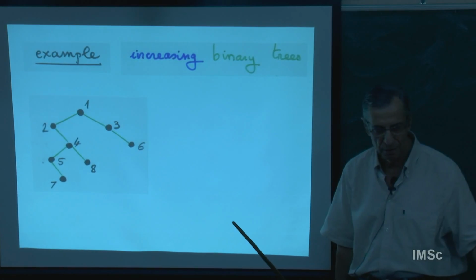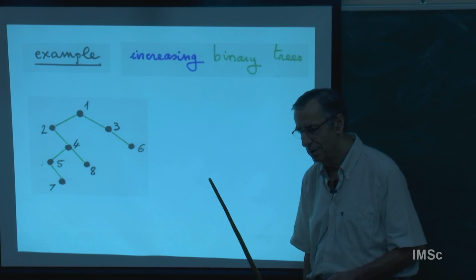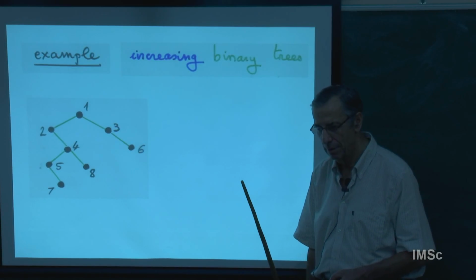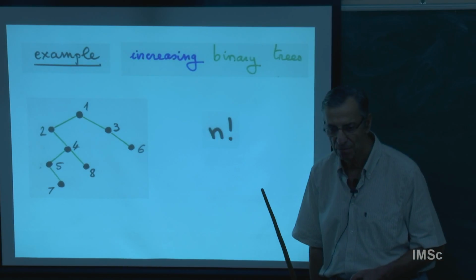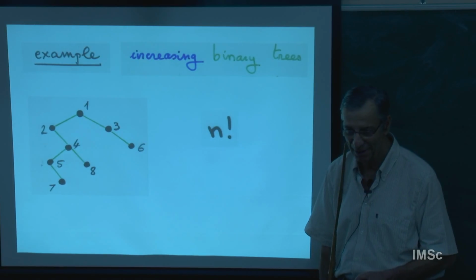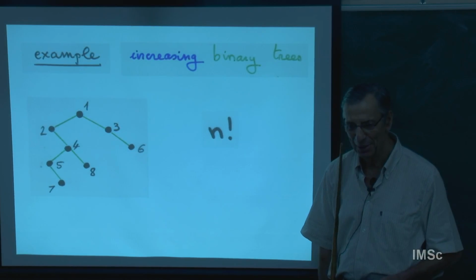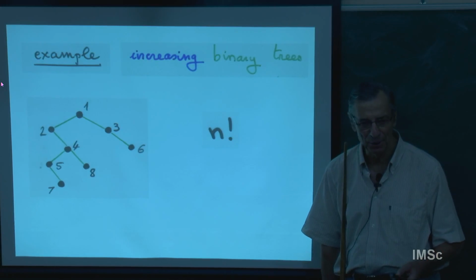So the children of a vertex have labels bigger than the label of the father. I claim that such increasing binary trees are counted by n factorial. This will be in the chapter next week, chapter 4, the n factorial garden.